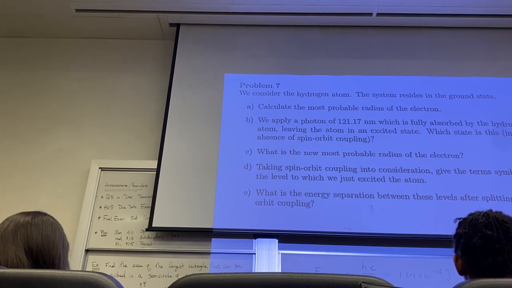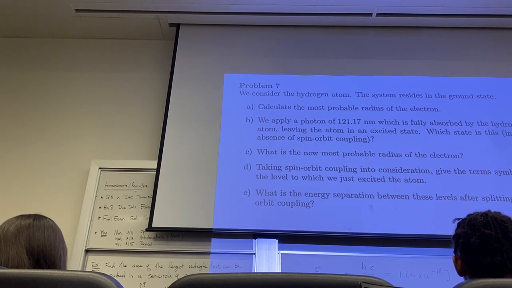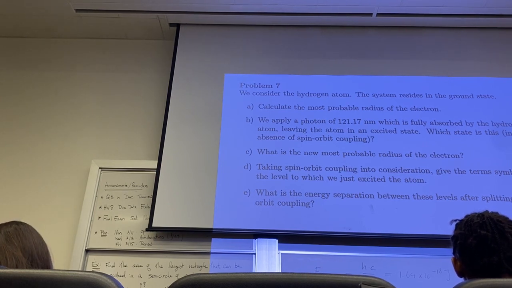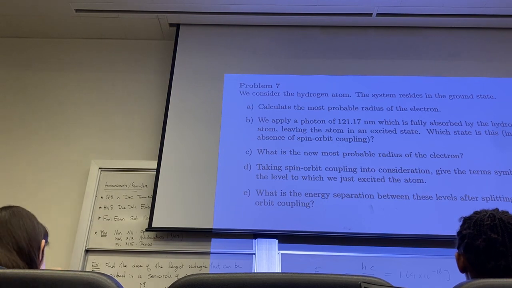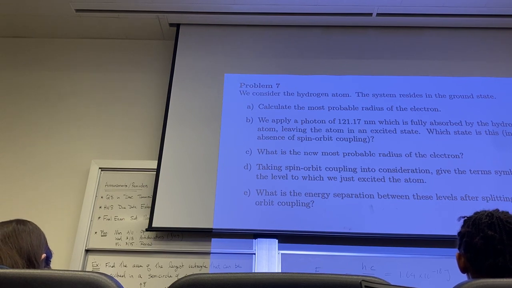So that's going to be 1.64 times 10 to the minus 18 joules. What is the value of hcR? That is the ionization energy, 2.18 times 10 to the minus 18 joules.